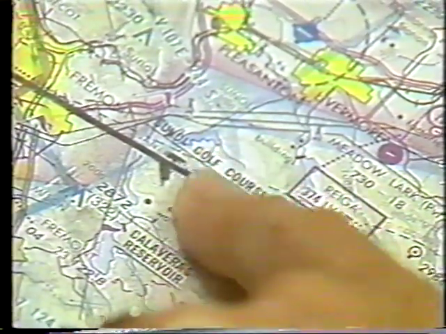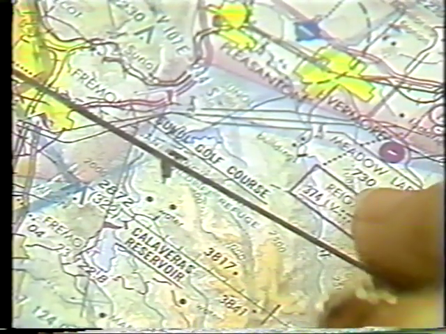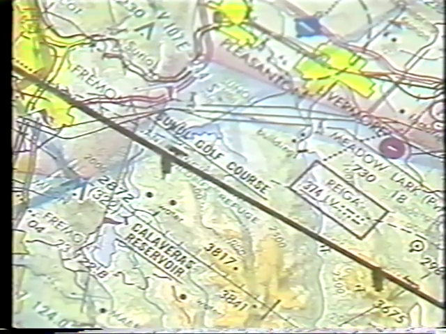There are three lakes located very close to our course. This one on the left is very distinctive. It's long and narrow with a dam positioned at the far end.